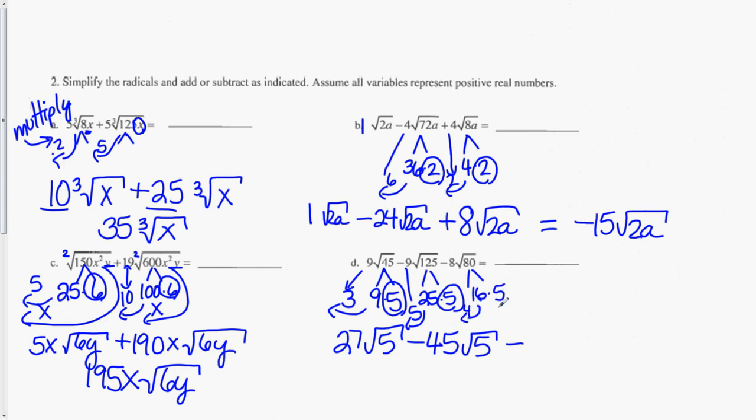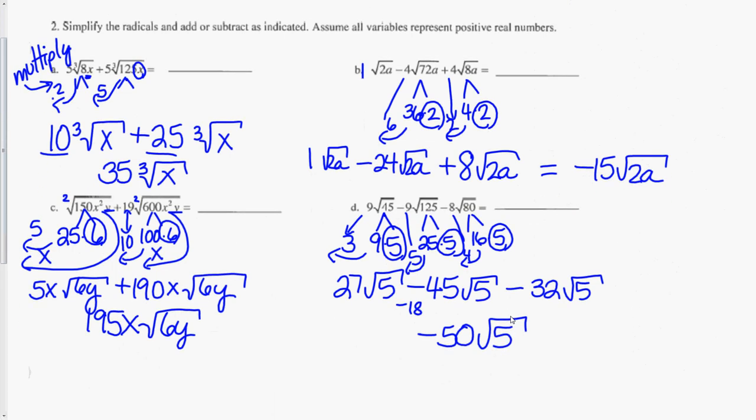So 16 comes out as a 4, and I have a 5 left. And then I already had an 8 to begin with, so that's minus 32 square roots of 5. So let's combine these. 27 minus 45, that would give me negative 18. And then a negative 18 minus a 32, that gives me negative 50 square roots of 5 in all.